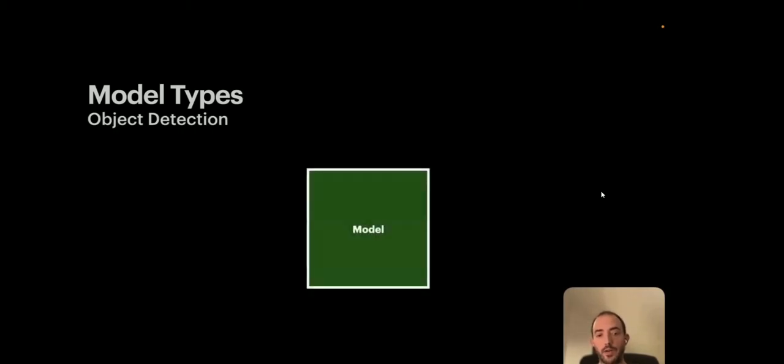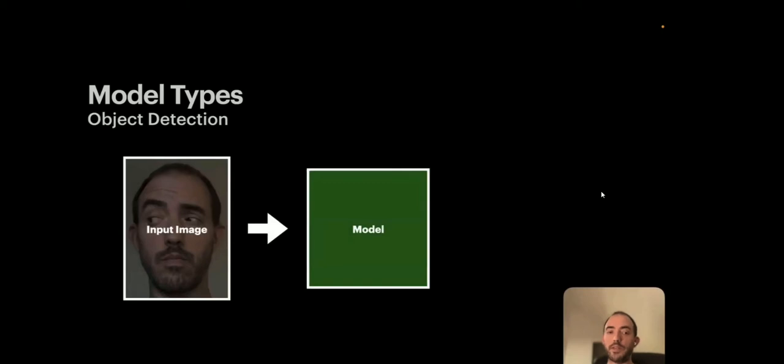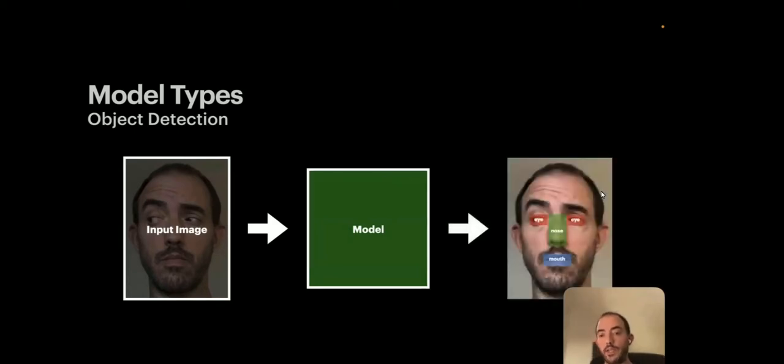Object detection models take in an image, but instead of spitting out a classification for the entire image or what the main focus of the image is, they try to detect individual items inside the image. So in this case, we might be looking at different parts of the face. It gives you the bounding boxes of various parts of the face plus their classification, which might be eye, nose, or mouth. It's similar to image classification, but more detailed.